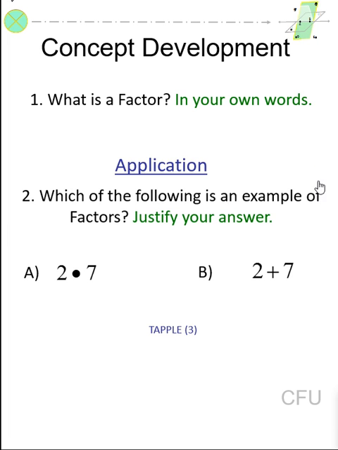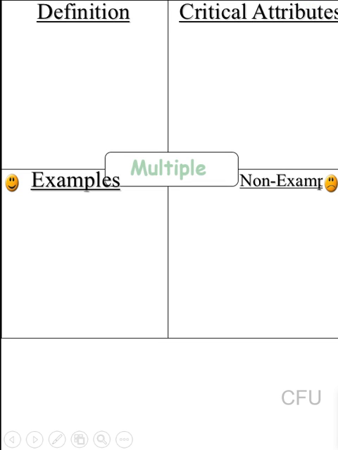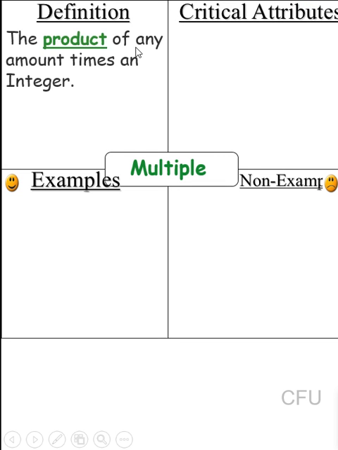So, look at this next part. Look up, please. You don't have to copy this one. A multiple is the product of any amount times an integer. Product means the solution of a multiplication. That's what a multiple is.